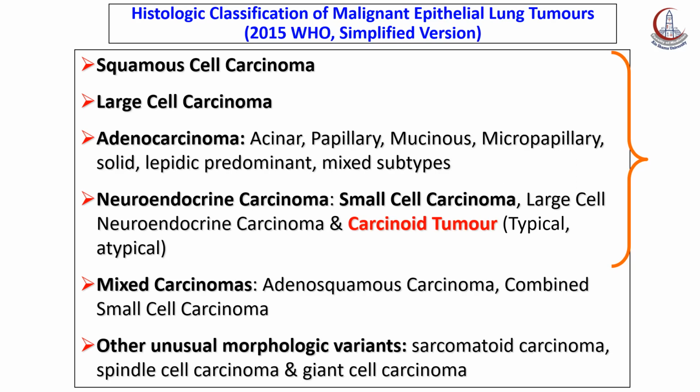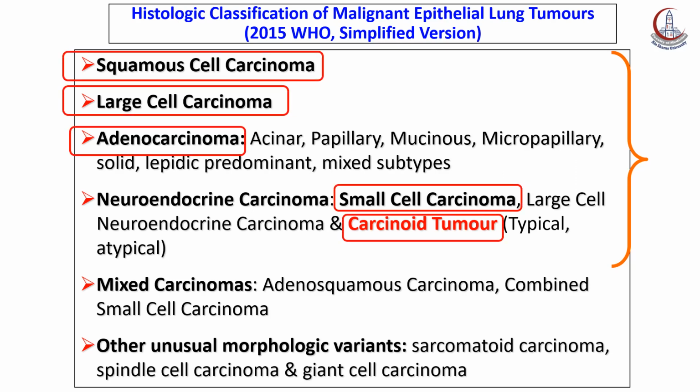Mixed carcinoma like adenosquamous carcinoma and combined small cell carcinoma. Other unusual morphologic variants like sarcomatoid carcinoma, spindle cell carcinoma, and giant cell carcinoma. We will discuss in detail the squamous cell carcinoma, large cell carcinoma, adenocarcinoma, and small cell carcinoma. And also we will describe carcinoid tumor, both types, typical and atypical carcinoid.